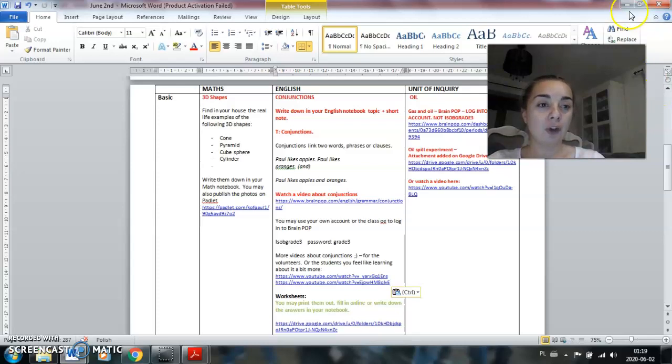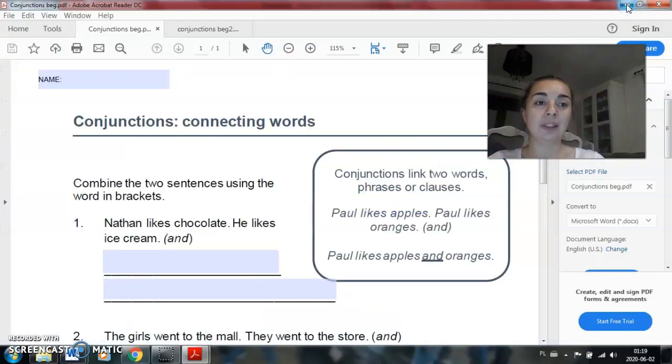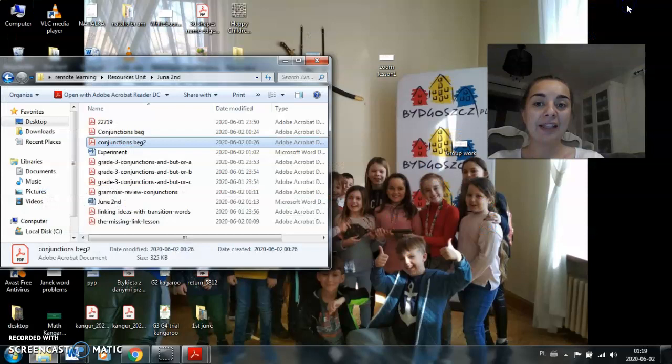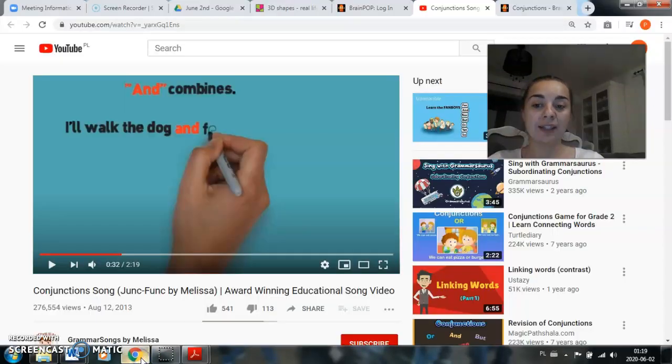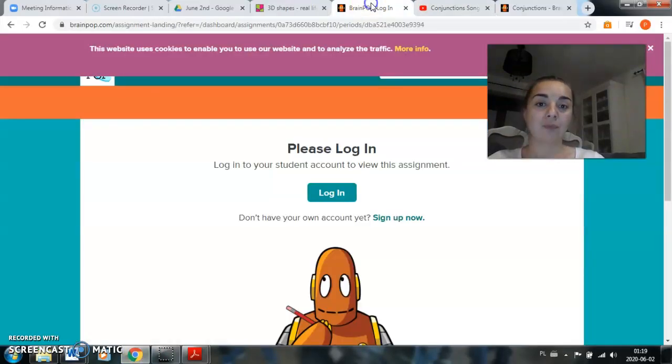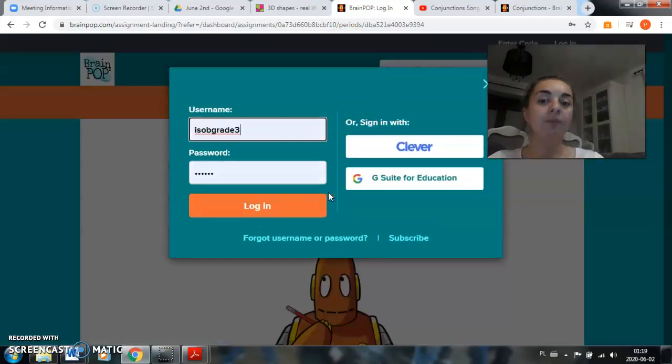You created your own account, and that's what you will need again, as there is a task assigned to your account. So if you click the link that I published, you will see something like that, and then you log in with your own login, and then I will see who completed the task and what was your result.